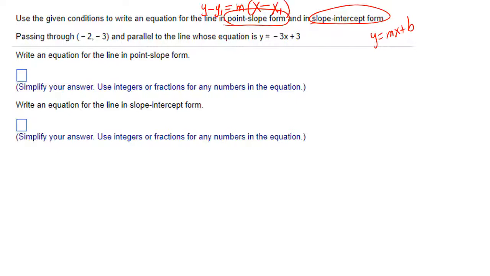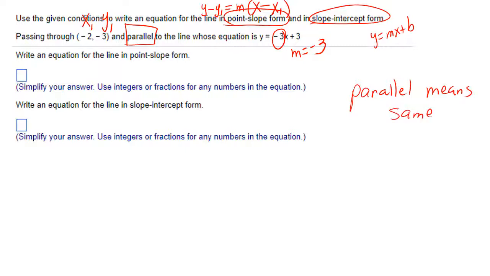Now, in the given information, the ordered pair will be the x1, y1. Then I look at this equation to find my slope. The slope here is -3. I am asked to find a line that is parallel. Parallel means same slope. You must use equal slopes to have a line that's parallel to another.